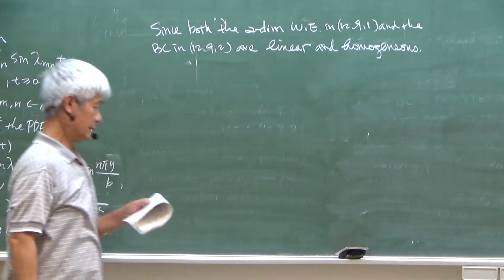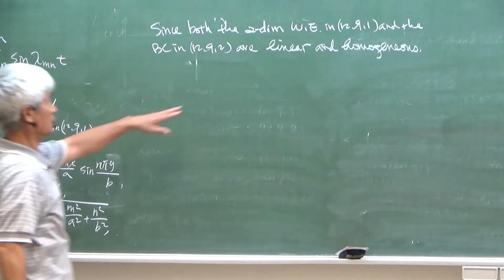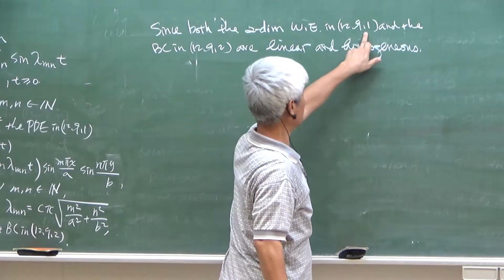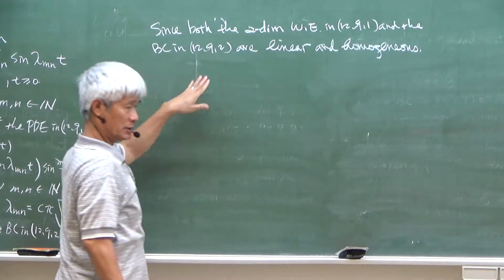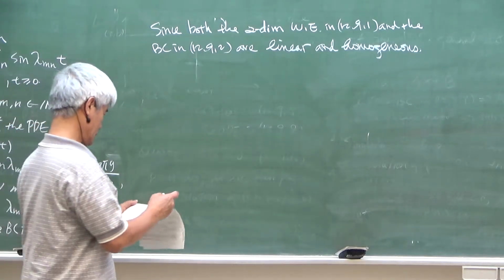Right. Now we know both the two-dimensional wave equation in 12.9.1 and the boundary condition in 12.9.2 are linear and homogeneous.